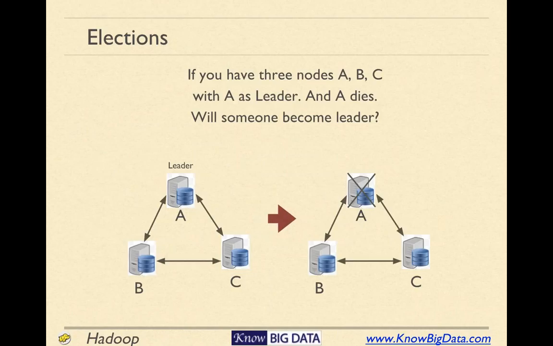Now, a question to all of you: if you have three nodes, A, B, and C, with A being the leader, and A dies, as in A gets disconnected from the network, will somebody become the leader? Quickly.